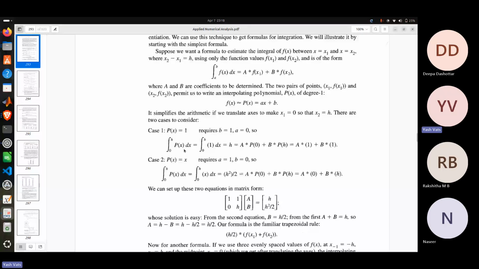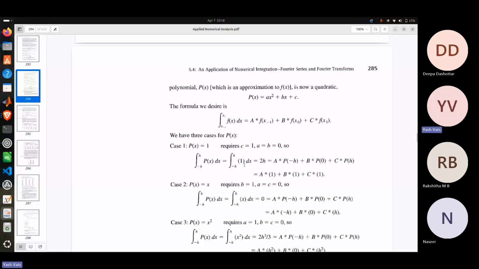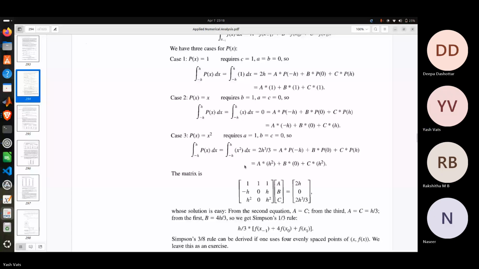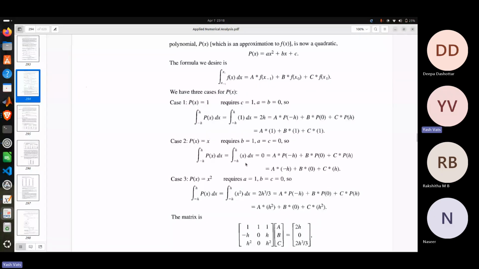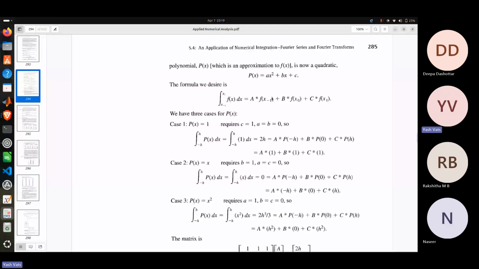I will show you a working example of that. Okay, so if your f of x is this, and it goes from x minus 1 to x1, then you can write the integral as a times f at the first point, b times f at the second point, c times f at the third point. Then you assume that f of x is just a polynomial.